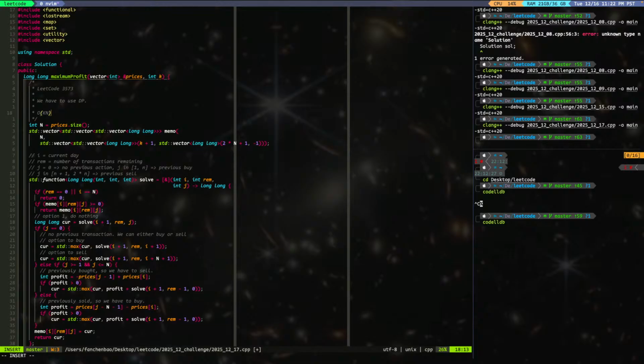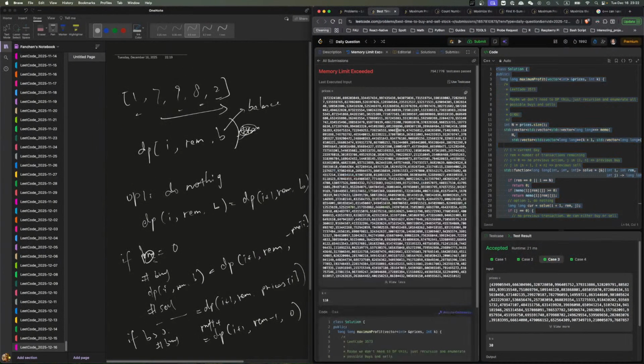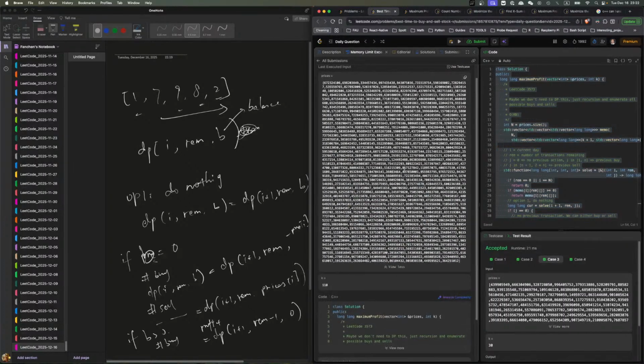But how? How is memory exceeded? Because of long? Too many recursions? I don't understand.